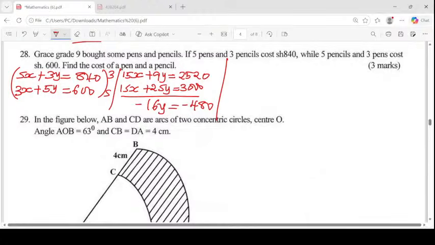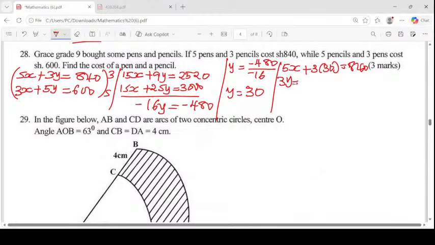This means y is obtained by taking negative 480 divided by negative 16. So my y will be 30. If y is 30, remember we know that 5x plus 3y, 3 into y, which is 30, is equals to 840.